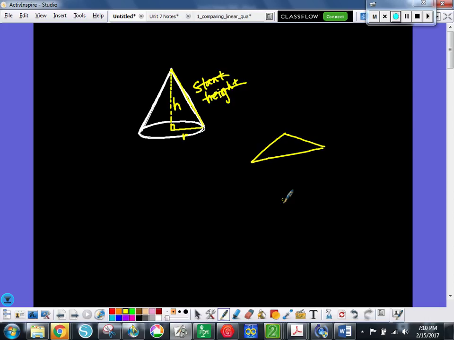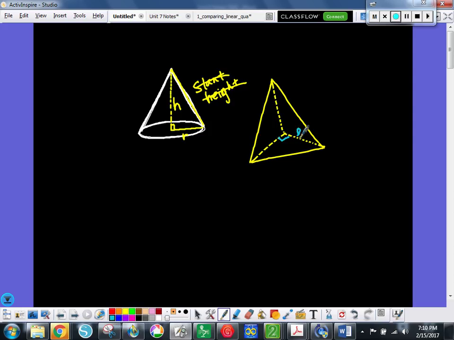The same is true if you're talking about a triangular pyramid. So let's have this be the pyramid. If it helps, make these dashed lines so you can see that it's in the back. Okay, the different parts of this one, pretend like this is your 90 degrees right here.